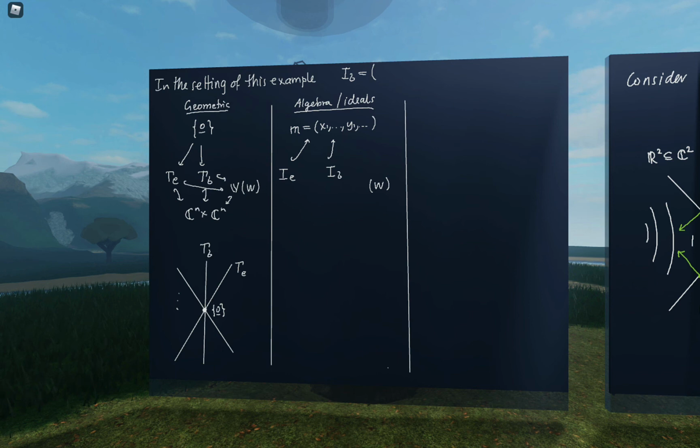So that is the ideal generated by these equations. That's an ideal in the ring which has all the x variables and all the y variables.